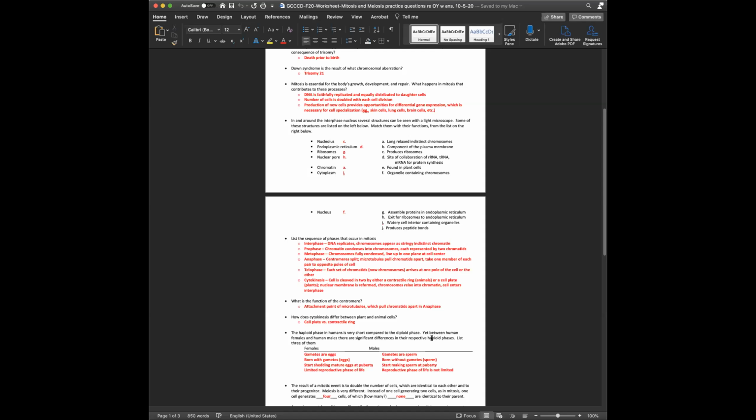So boys start making sperm at puberty, and they can continue to do so to one extent or another pretty much throughout their life. For many men, gamete production never stops. Whereas once a female has shed all her mature eggs, that's menopause, and the reproductive life phase ends.